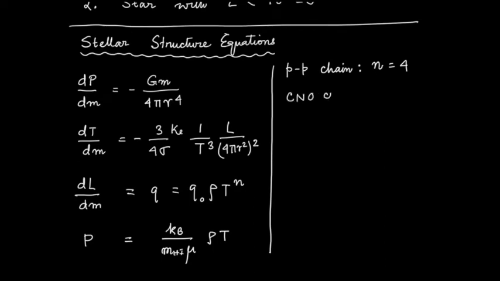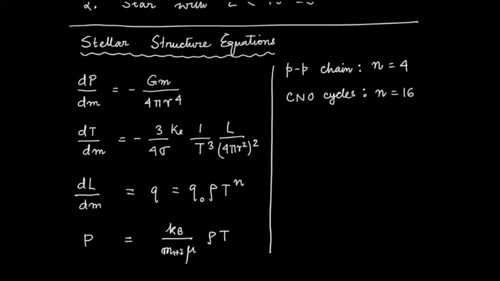Then there are CNO cycles. Again, I request you to look at what these are, and you can also ask the question, in the sun which one is happening. So please look at the books for these things. Okay, so n is 4 in the pp chain.